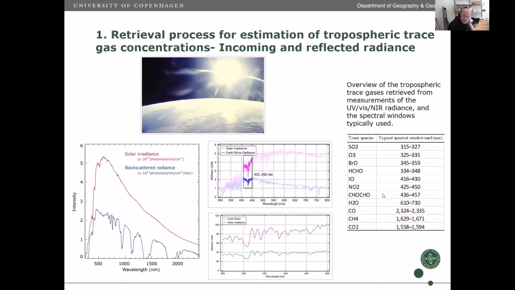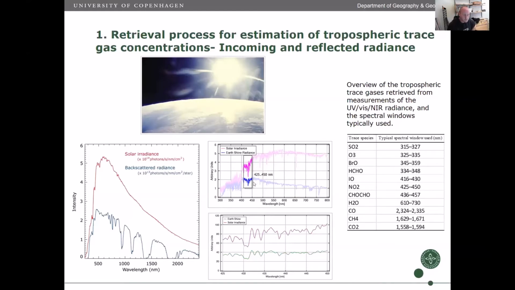And in our case, we are going through the retrieval process of nitrogen dioxide now. So we are interested in what's going on in these wavelengths here, 425 to 450 nanometers.